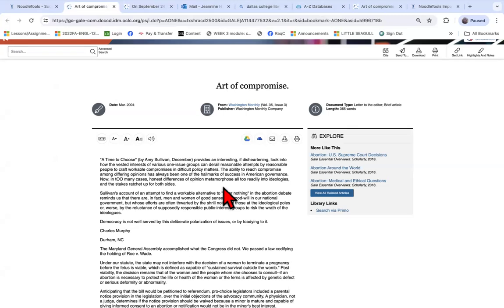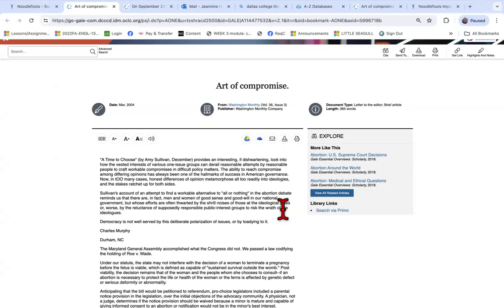This one talks about Sullivan's account of an attempt to work out a workable compromise on abortion. It reminds us there are, in fact, men and women of good sense and goodwill in our national government, whose efforts are being thwarted by the shrill noises of those at the ideological poles, or worse, by the reluctance of supposedly reasonable public interest groups to risk the wrath of ideologues.